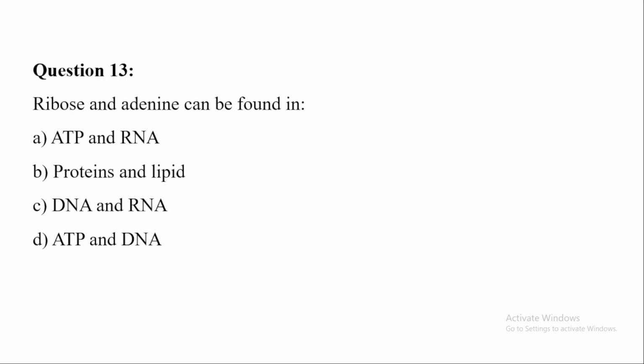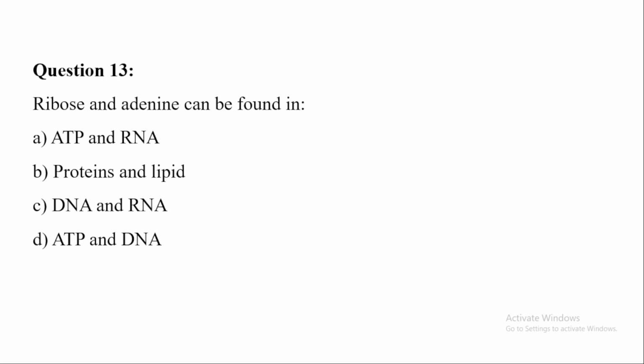Yes, in the chat we have an answer: adenosine triphosphate. So adenine is the nitrogenous base that is present in ATP. What is DNA? DNA is deoxyribonucleic acid. So DNA has deoxyribose sugar and RNA has ribose sugar.